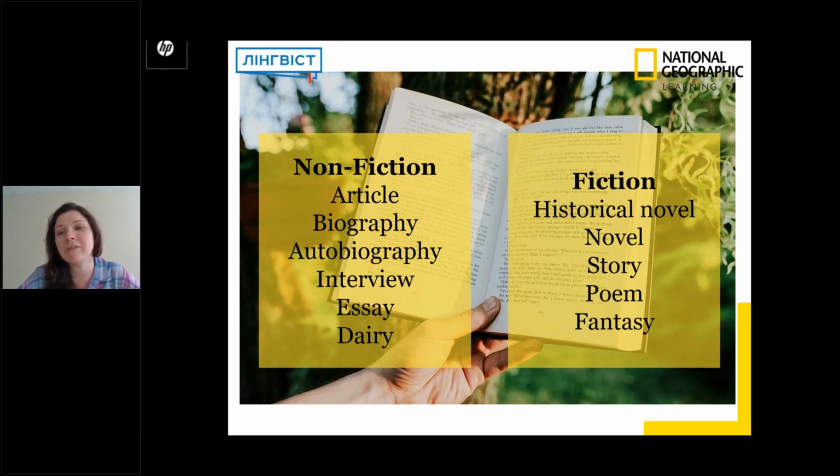It could be fantasy, it could be a poem, a story, a novel, even a historical novel, right? Because maybe events can be really taken from that period of time, but the characters, something was created by an author, right? So that is it.